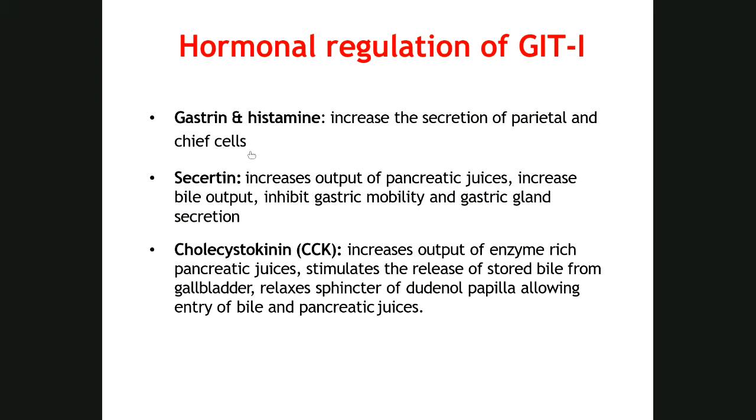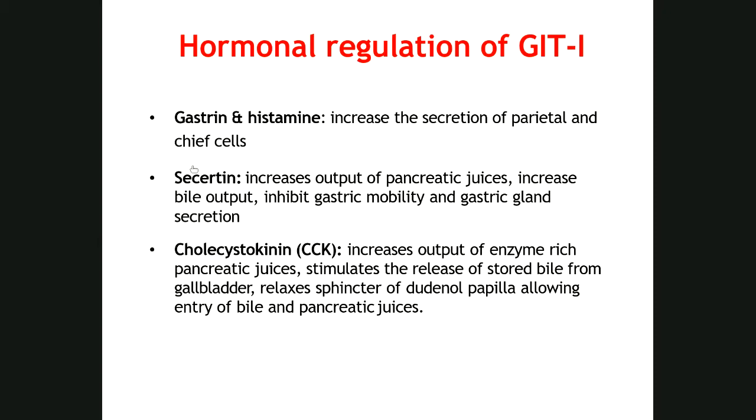Secretin is another hormone released also in the gastrointestinal system. This one is inhibitory. Once it is released, it is inhibitory to the stomach and stimulatory to the small intestine and pancreas. So when the food reaches the small intestine, secretin and cholecystokinin, both hormones, will be released.